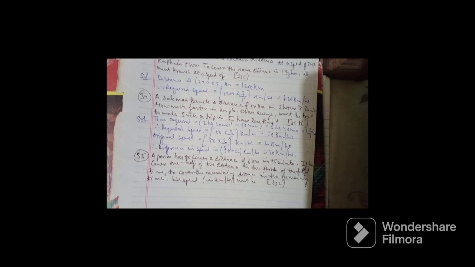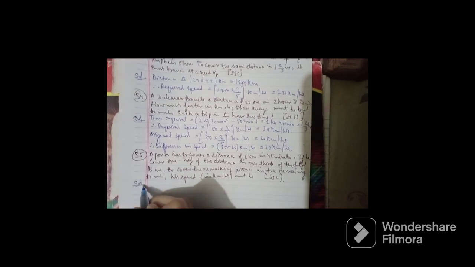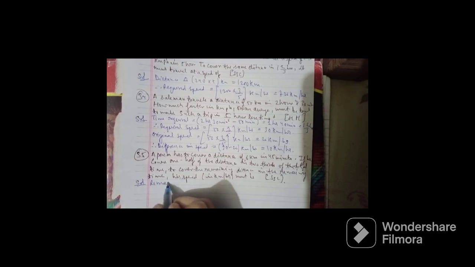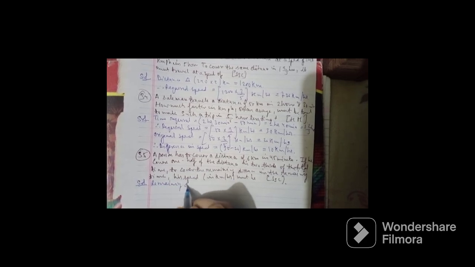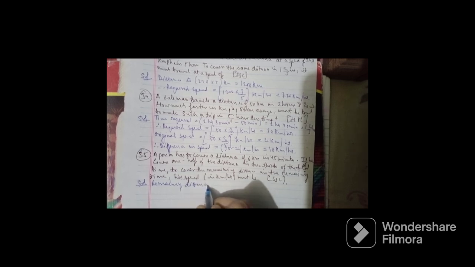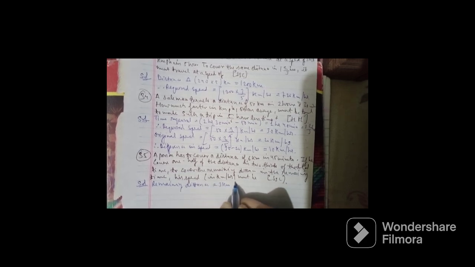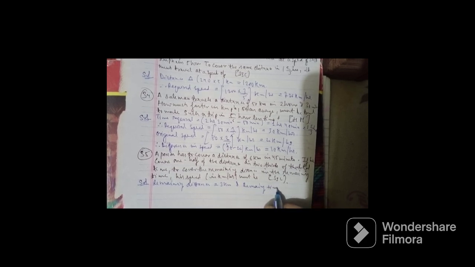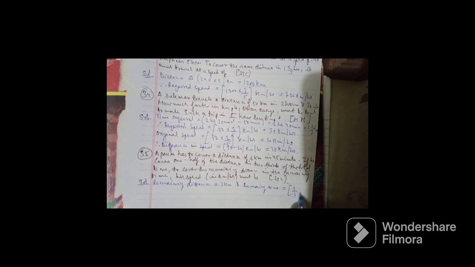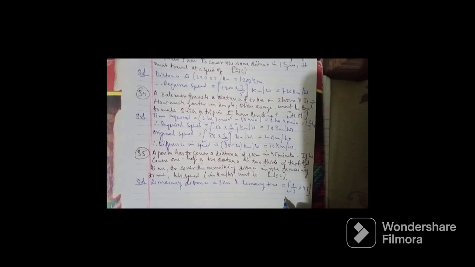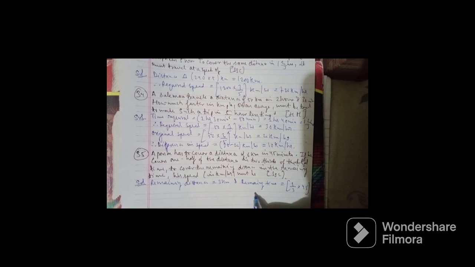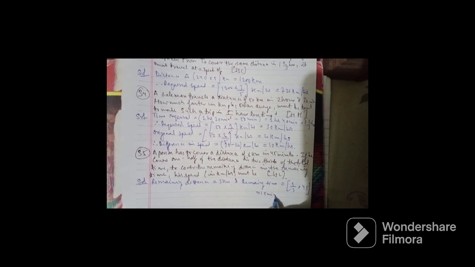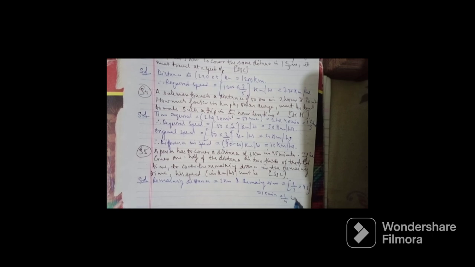The remaining distance is equal to 3 km. And remaining time equals 1 by 3 into 45 minutes, that is equal to 15 minutes, which is equal to 1 by 4 hours.